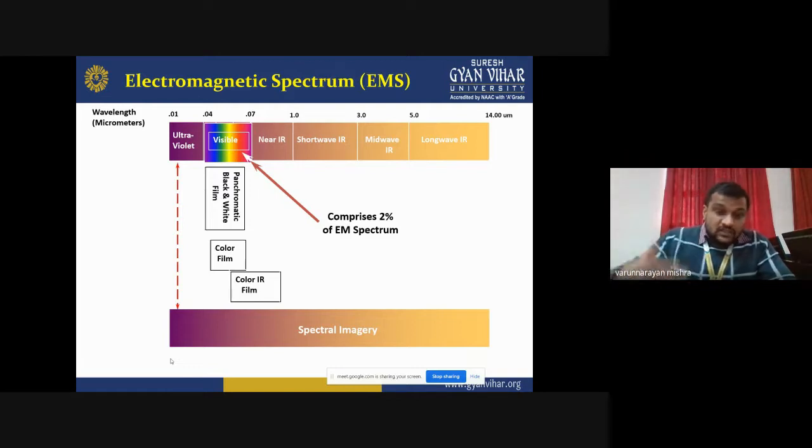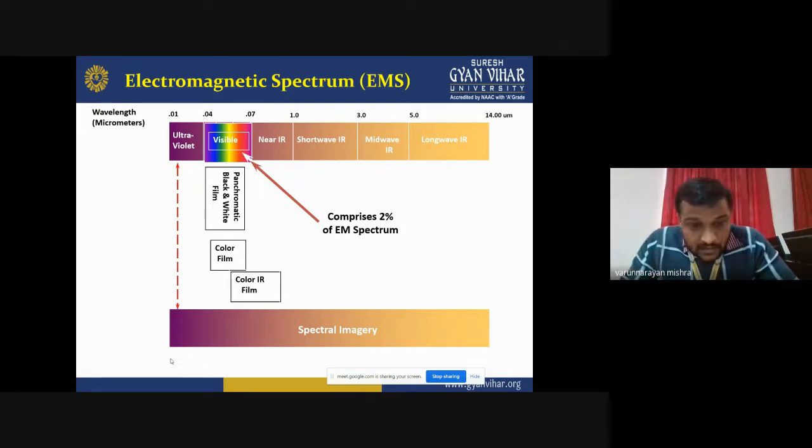Most of the sensors that we use for remote sensing, either a panchromatic sensor or black and white sensor, or color film or infrared film, all these techniques use the visible portion of the electromagnetic spectrum.